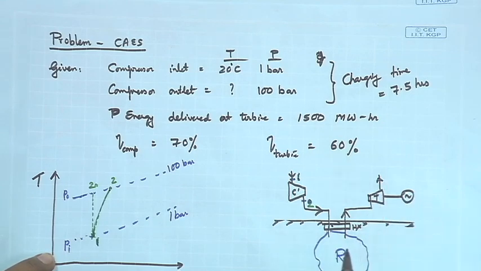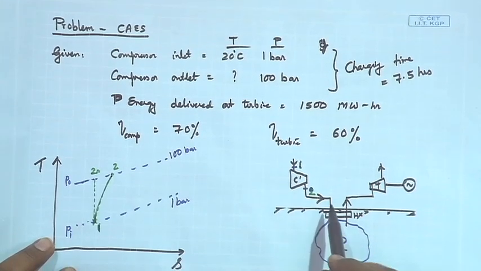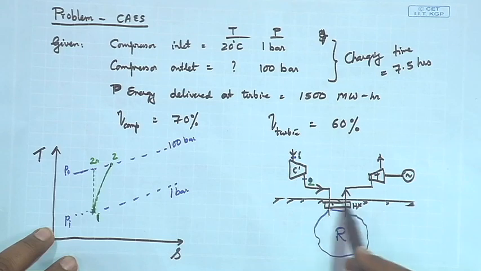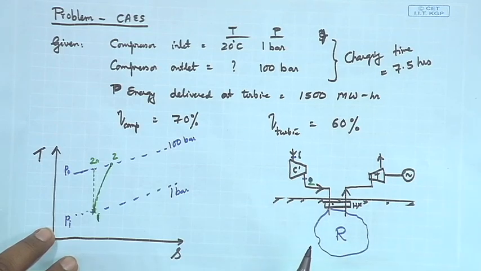So, mass of air was known, and then assuming that, of course, the pressure will be at 100 bar, and assuming that the temperature was cooled down by this regenerative heat exchanger back to 20 degrees, which is an assumption which we clearly stated, we could find out using the ideal gas law what is the volume of the storage, and then once we know the volume, this is what was stored. It took 7.5 hours to fill up this by the compressor. So, divided by 7.5 will be the volume flow rate of air into the reservoir. Okay.